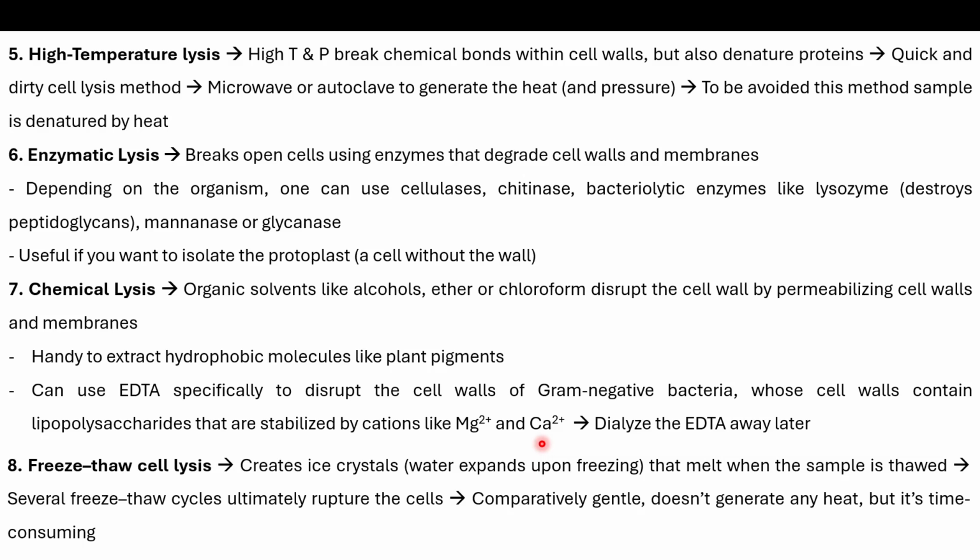As in the case of gram negative bacteria, the cell walls contain lipopolysaccharides, which are stabilized by magnesium and calcium ions, divalent cations. When EDTA chelates these divalent ions, it destabilizes the cell wall, and then you can remove the EDTA later.